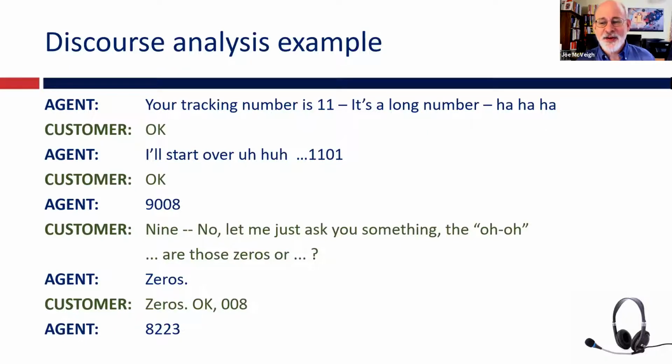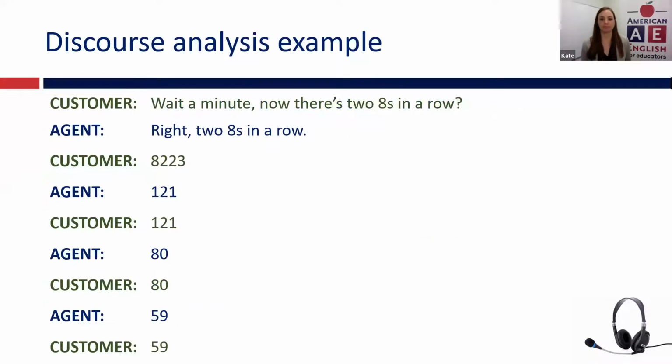It's a long number. Okay. Well, I'll start over. 1101. Okay. 9008. Let me just ask you something. The 00, are those zeros or? Zeros. Zeros. Okay. 008. 8223.